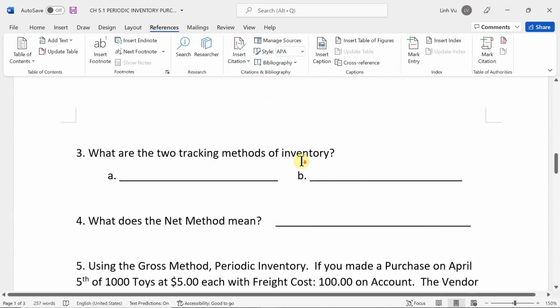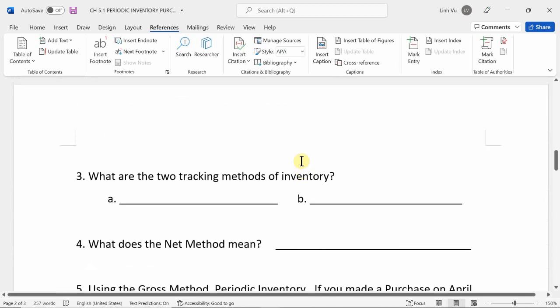Question number 3. What are the 2 tracking methods for inventory?